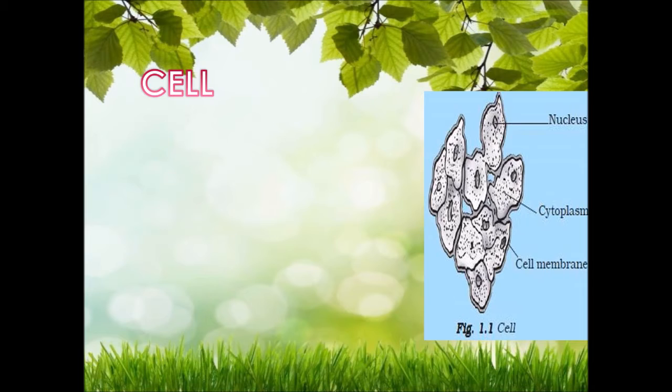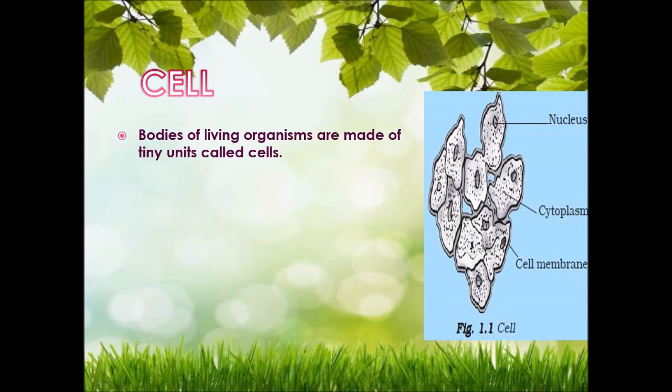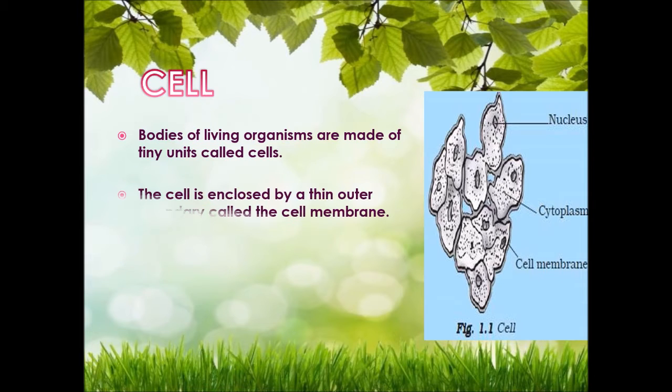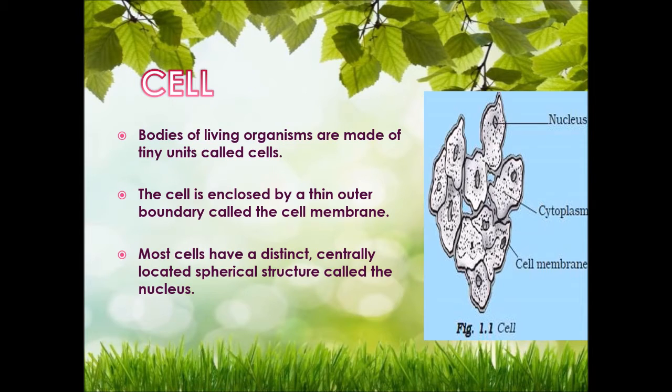The bodies of living organisms are made of tiny units called cells. Cells can be seen only under the microscope. Some organisms are made of only one cell. The cell is enclosed by a thin outer boundary called the cell membrane. Most cells have a distinct, centrally located spherical structure called the nucleus.